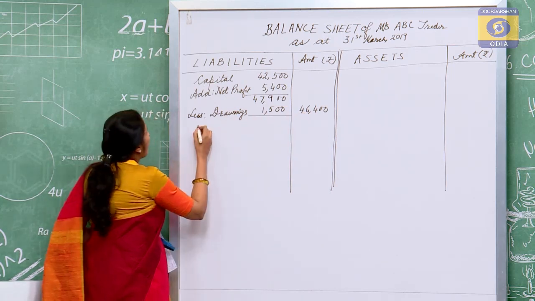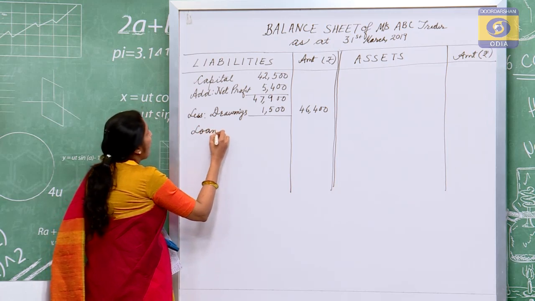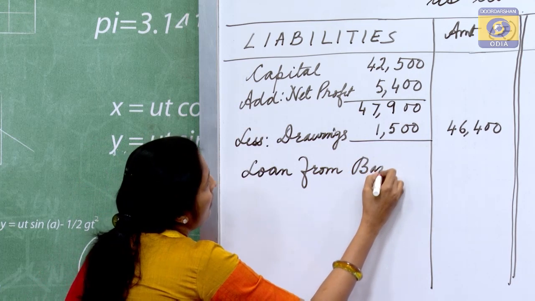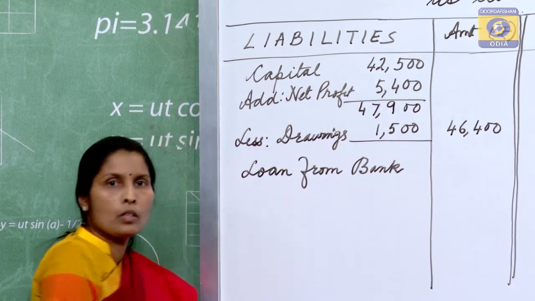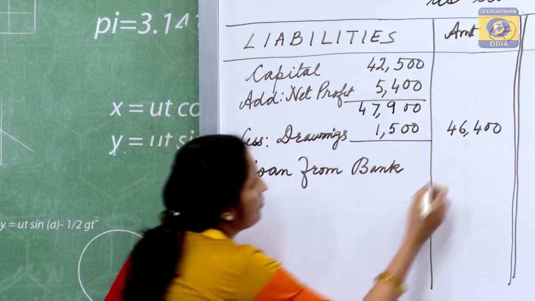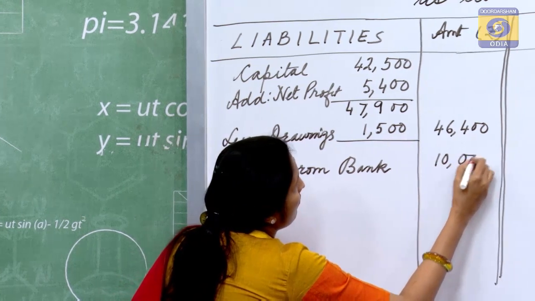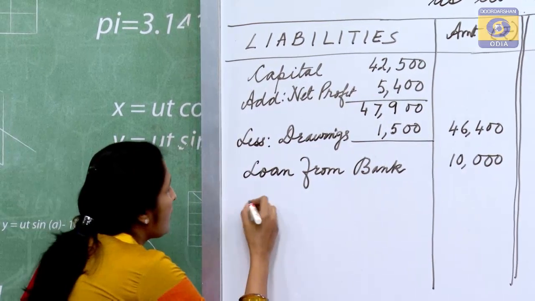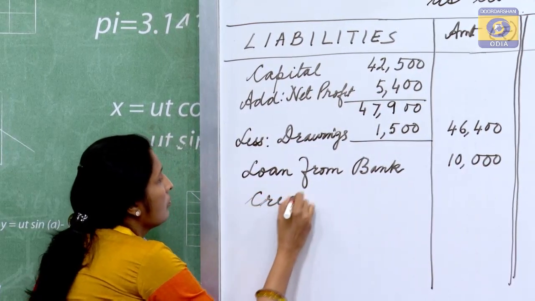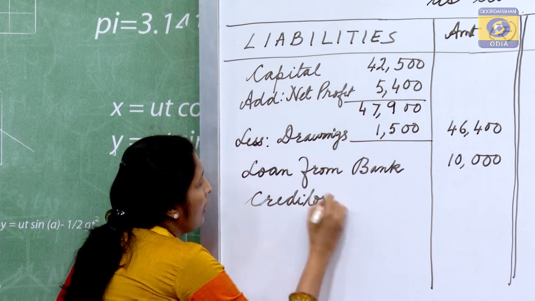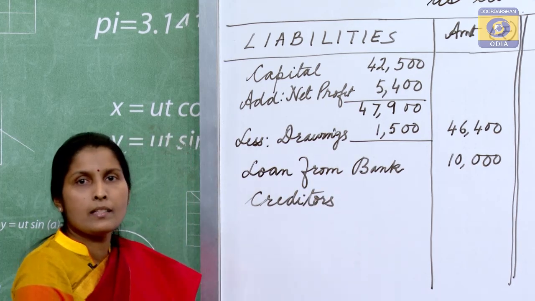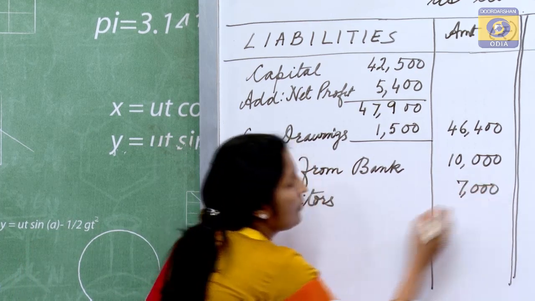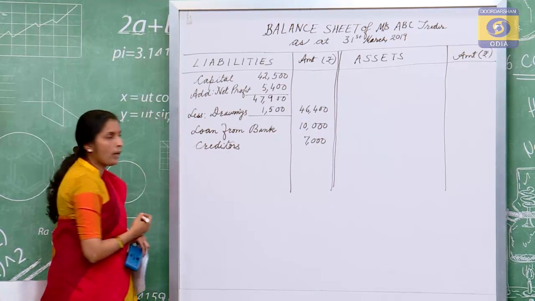Next liability we have is loan from bank. So the loan from bank, the amount given to us is 10,000. Next liability we have creditors. The amount of creditors given to us is 7,000. Next we have bills payable.